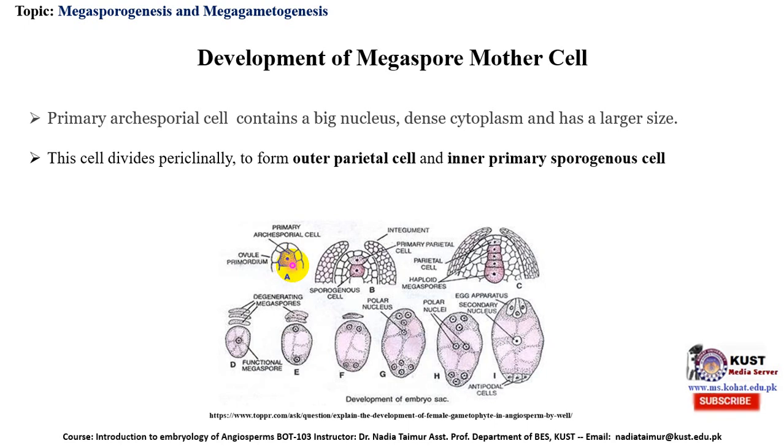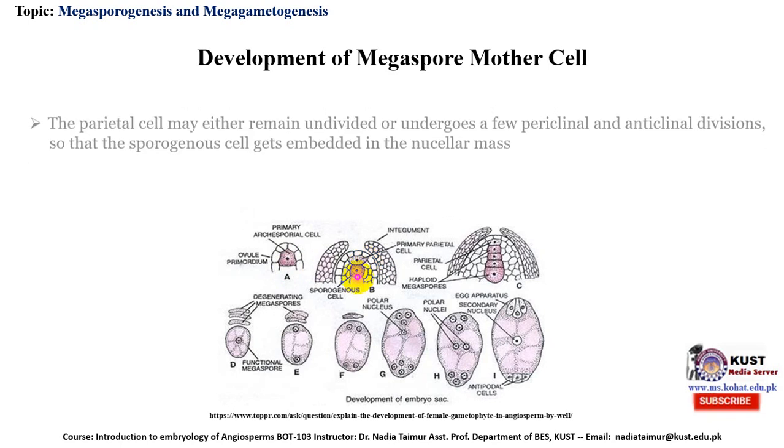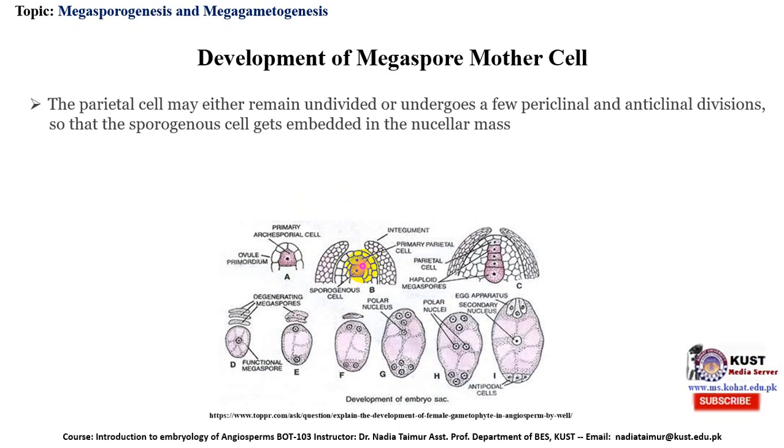Now this cell divides periclinally and forms outer parietal cell and inner sporogenous cell. The parietal cell may either remain undivided or undergoes a few periclinal and anticlinal divisions, resulting in layers of cells, so that the sporogenous cell gets embedded in the nucellar mass.